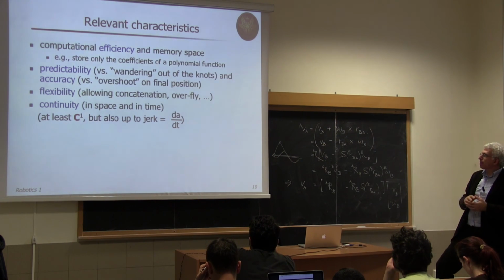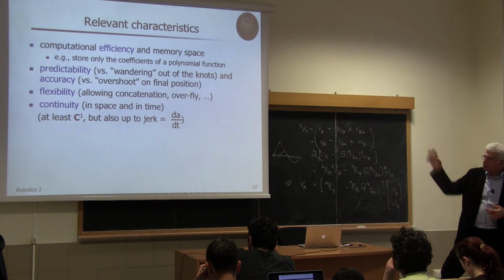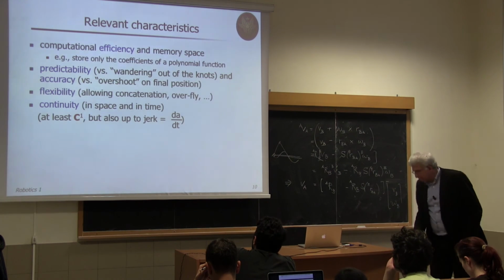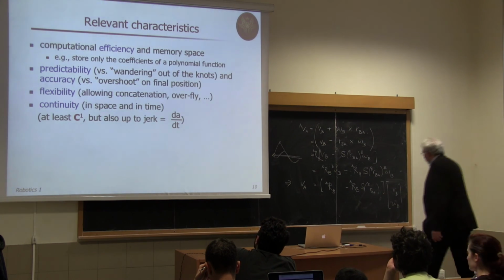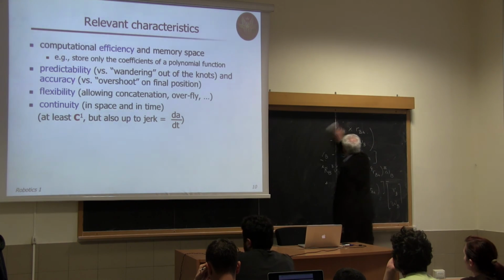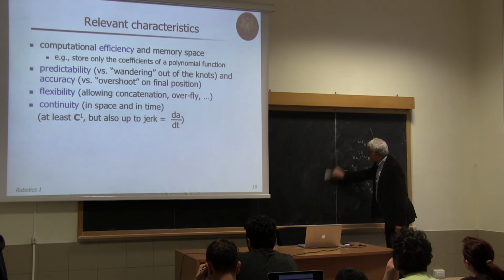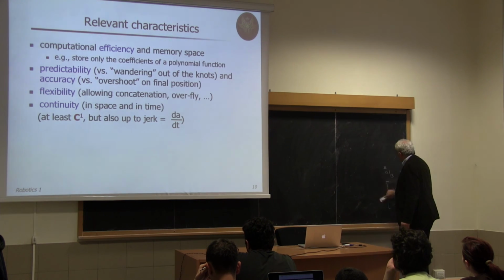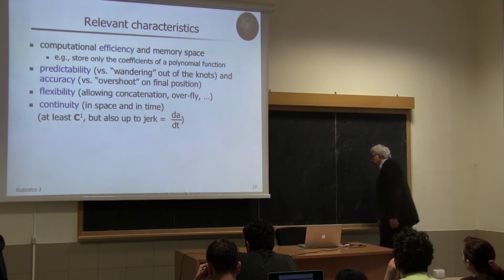Or predictability, it's wandering and overshooting. Here our concepts are a bit mixed, but wandering and overshooting is essentially something that I can show in the Cartesian space with a simple figure.